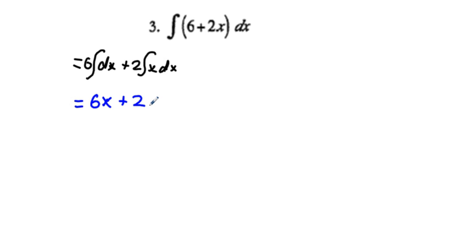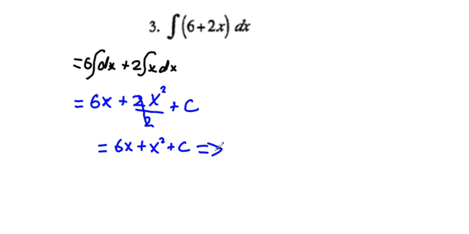So we take 1 plus 1, so the x to the 2 power, divided by the power we raised to, 2, so we divide by 2, plus our constant of integration c, and canceling out, we're going to have 6x plus x squared plus c, and if we wanted to write this in more of a standard form, we would write that as equal to x squared plus 6x plus our constant of integration c. So there we go, that's problem 3 worked out.